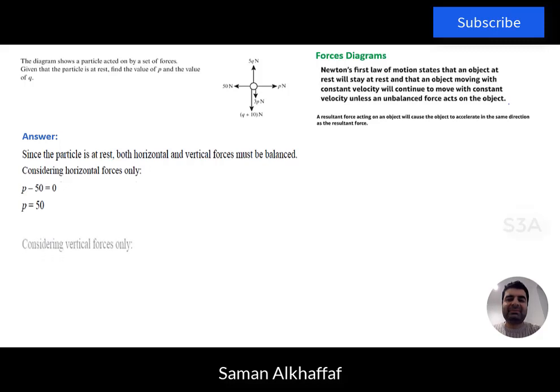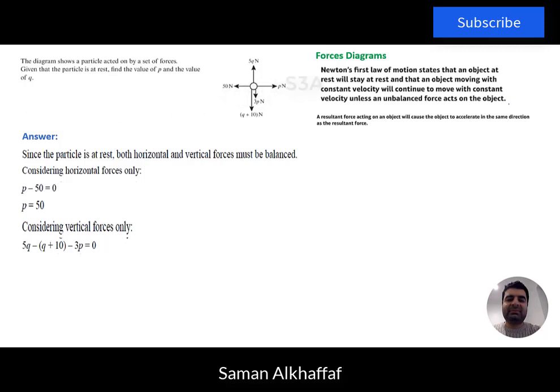So now we need to also look into the vertical forces acting on the body. So 5Q in the upward taken away from 10 plus Q plus 10, take away 3P, because we are considering the downward forces to be negative and upward forces to be positive, and we equate all these forces to 0.